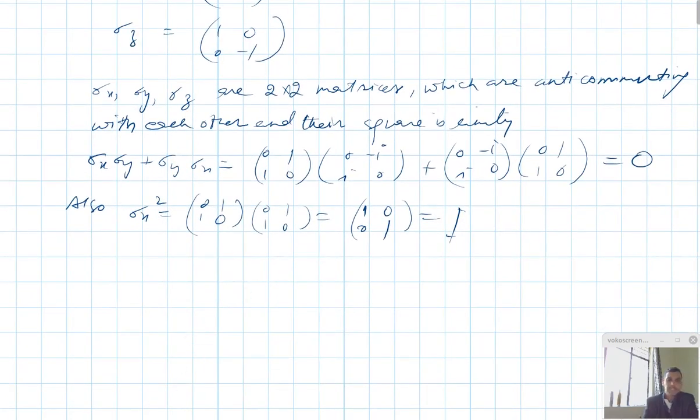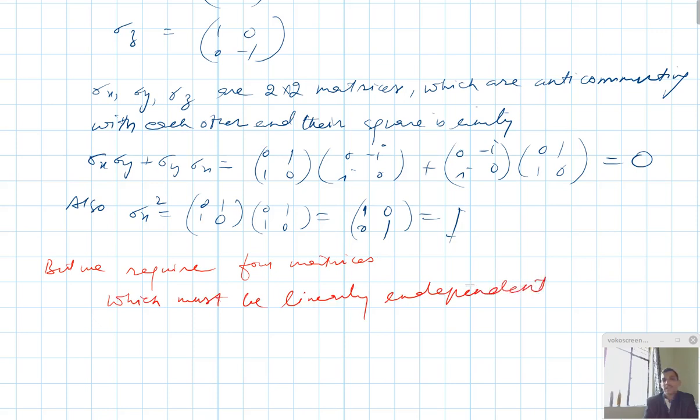But we require 4 matrices, and they must be linearly independent.